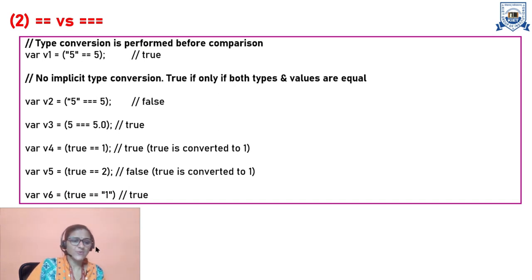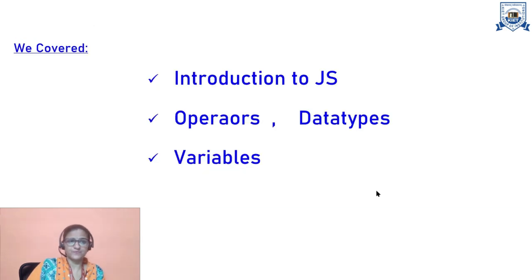Then the next one, true equal to 1. Yes, it has automatically done the type conversion, and definitely 1 is there and it will return true. So this is the difference between double equal to and triple equal to. Triple equal to is stricter than double equal to.